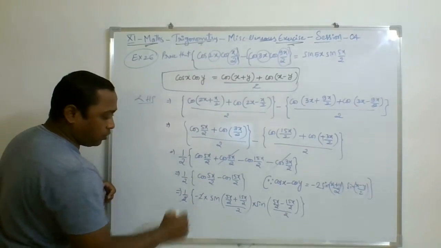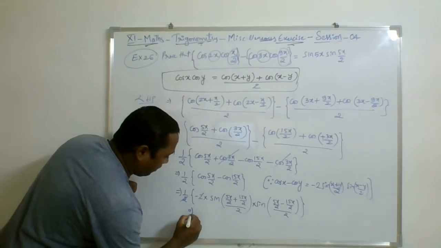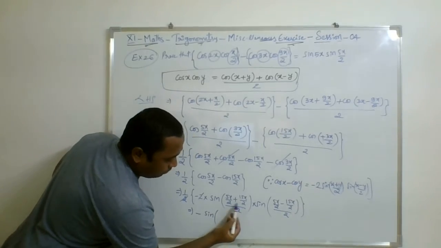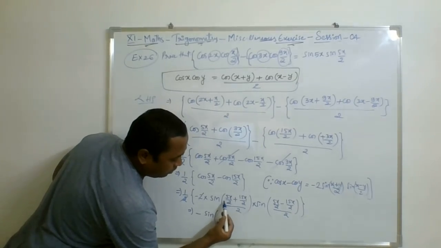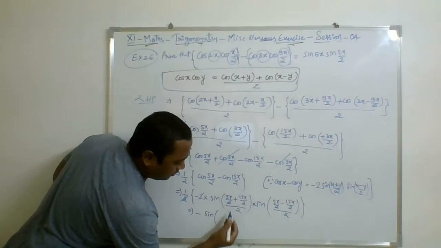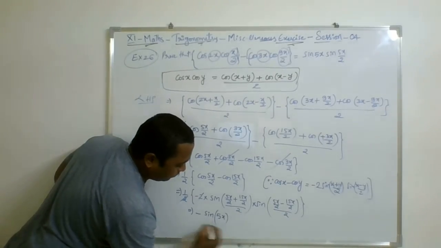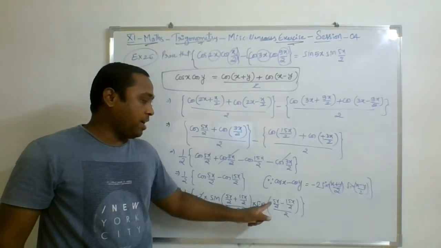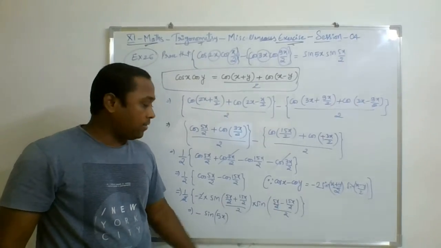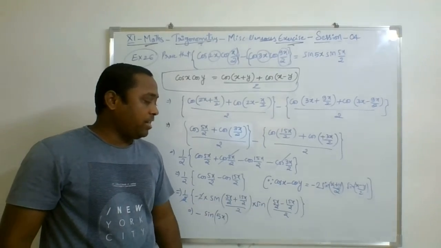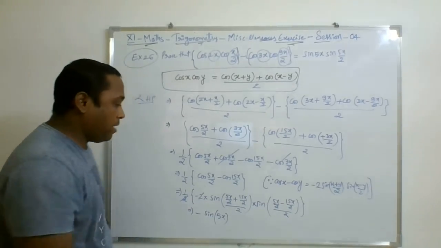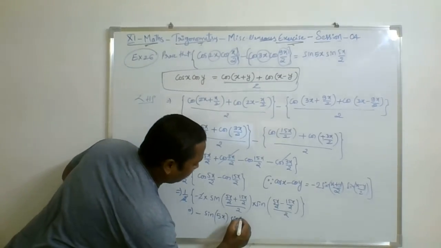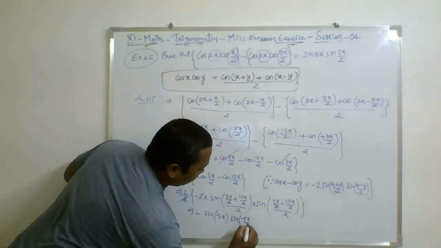So this 2 gets cancelled. We are left with minus sine of, the LCM would be 2, 20x by 2, that is 10x, and 10x by 2 means 5x in short. Here, 5 minus 15 is minus 10x, and minus 10x by 2 means minus 5x, so sine of minus 5x by 2.